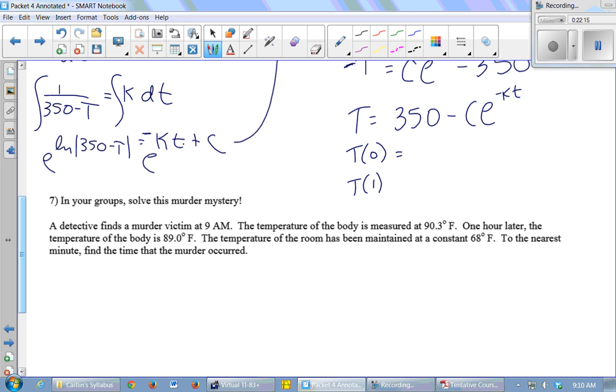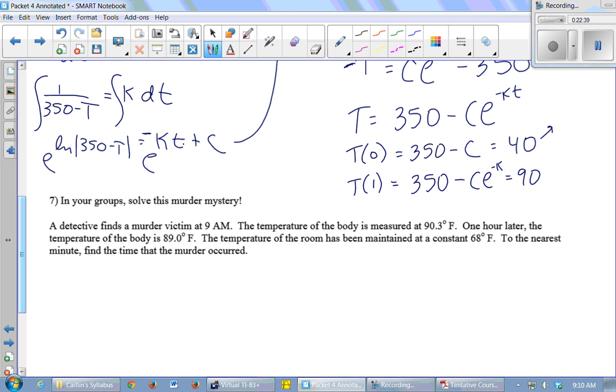If I put in a 0 for t, this is just going to give me 350 minus C e to the 0, which is just C, equals 40. And T of 1 says 350 minus C e to the negative k has to be 90.